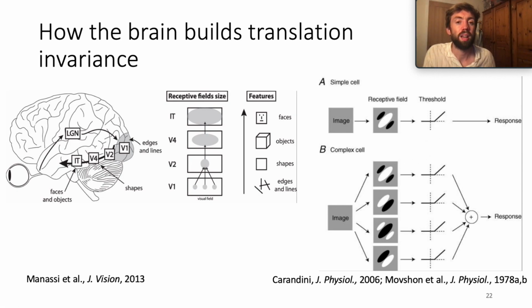The responses of these simple cells are then added up in the next stage of hierarchical processing, which you see in something called a complex cell. What complex cells do is they sum up the individual responses of many of these different simple cells. And these simple cells will be sensitive to the same feature.